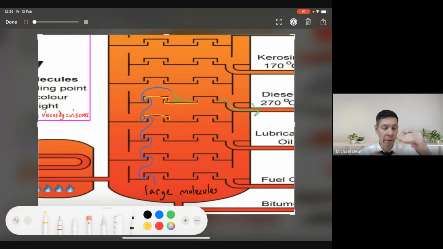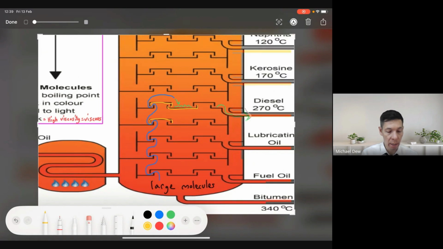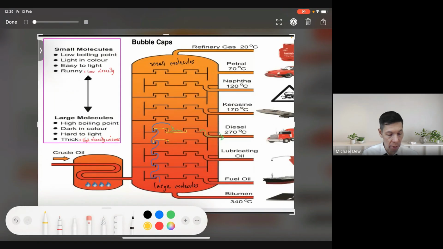This can be used for every fraction. And remember, the only fractions that are not collected as a liquid would be the gases with 1, 2, 3, and 4 carbons. That would be methane, ethane, propane, and butane. They stay a gas and they rise out through the top of the fractional distillation column, known as refinery gas.